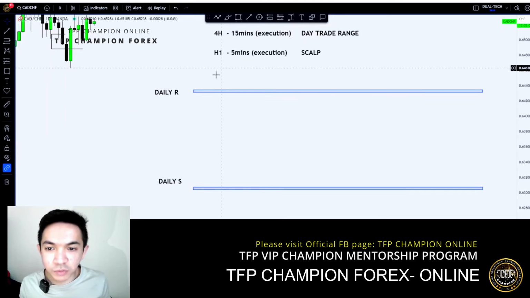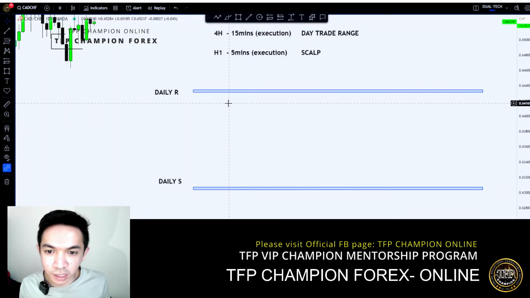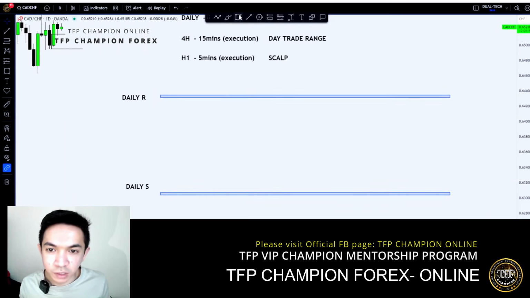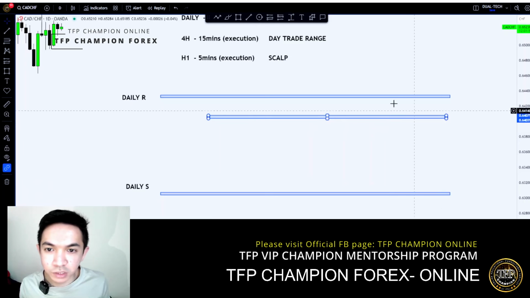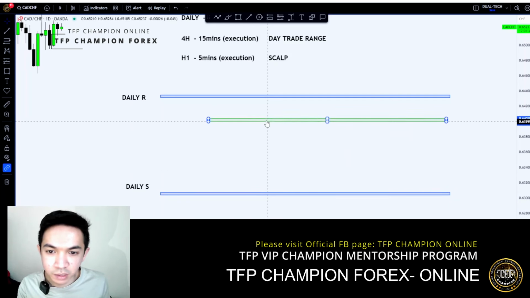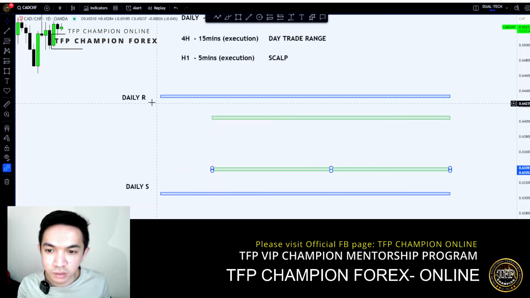So, in terms of 4-hour range, tandaan natin, 4 hours is within the 24-hour time frame, which is yung daily natin. So, ibig sabihin yan, I can plot my 4-hour range. Gawin natin tong green. This is my 4-hour range.